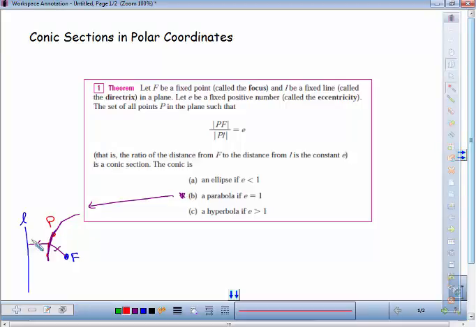Then when we introduced the ellipse, we didn't talk about the directrix. We mentioned the focus, but we didn't mention the directrix. But it turns out that an ellipse also has a directrix. So we know that there's a focus for an ellipse. So this is going to be closer to the focus point.